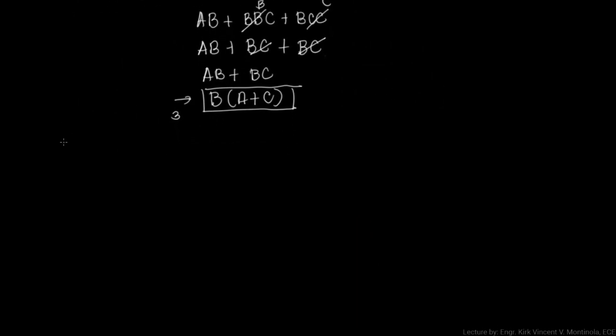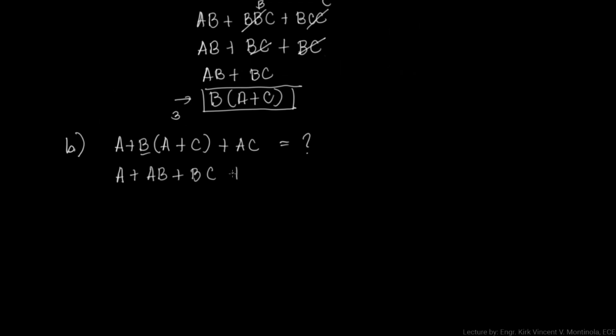Letter B. How about we have A plus B, and then that is quantity A plus C, and then plus AC. So what would be the simplified Boolean expression for this one? We go A, then distribute, that is AB, and then plus BC, then plus AC.